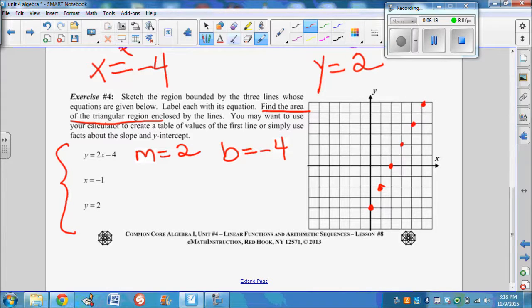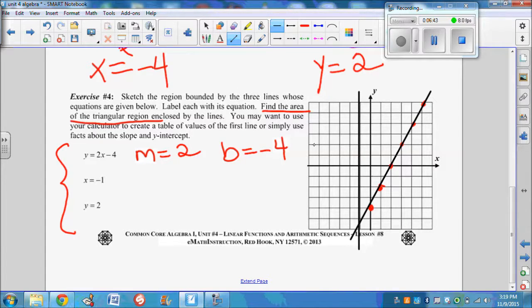And then I'm going to use a straight edge because I'm eventually going to have to calculate the area that's formed by these 3 lines. So I want to be as accurate as possible. And now x = -1. Well, x = -1 is going to be that vertical line going through where x is -1.